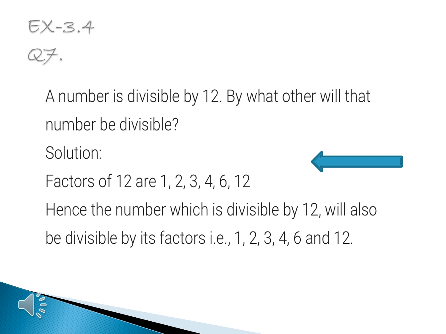Factors of 12 are 1, 2, 3, 4, 6 and 12. So if a number is divisible by 12, it will surely be divisible by its factors also. So the other numbers that divide the given number are 1, 2, 3, 4, 6 and 12. So it's very easy.